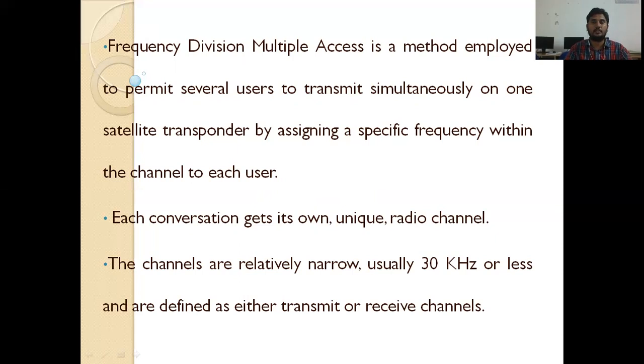So either transmit or receive means either upload or download. You have to upload the data or download the data by using one particular frequency range. So each conversation gets its own unique radio channel, and the channels are relatively narrow, usually 30 kilohertz or less, defined as either transmit or receive channels, so either upload or download.